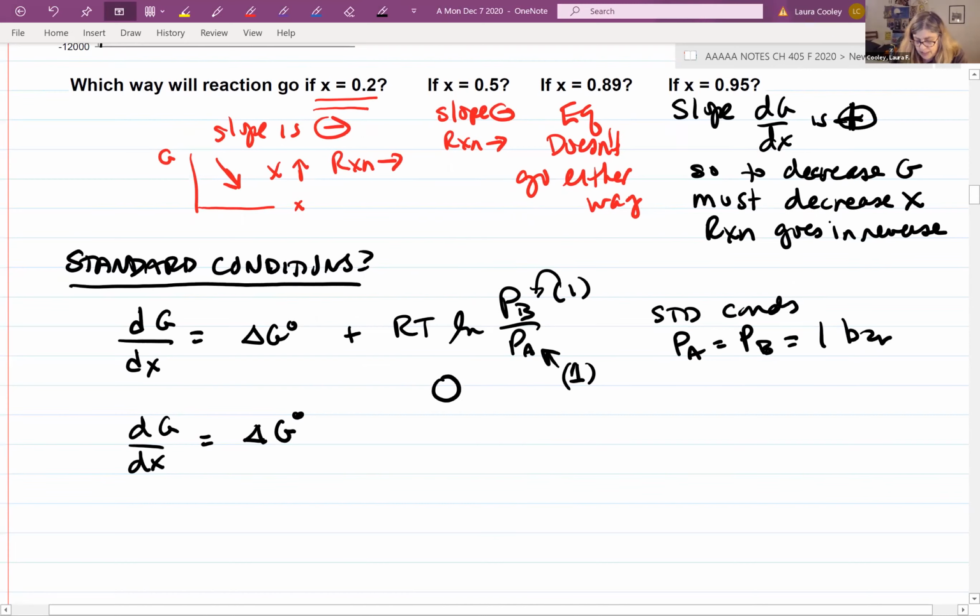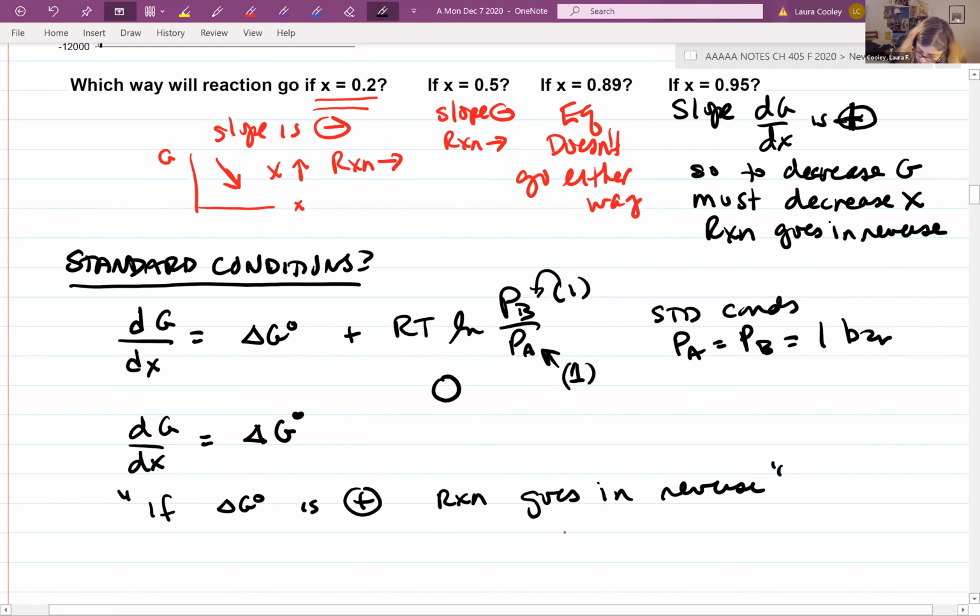So that's why we say, you know, if delta G0 is positive, the reaction goes in reverse. And then I quickly have to put in the fine print, which is under standard conditions, because the conditions matter.